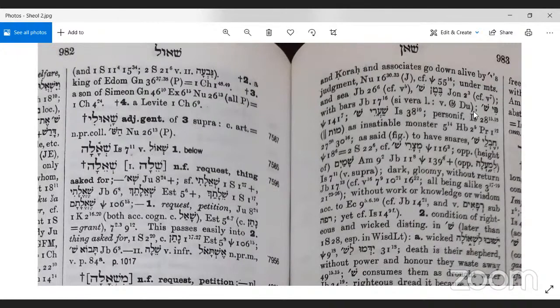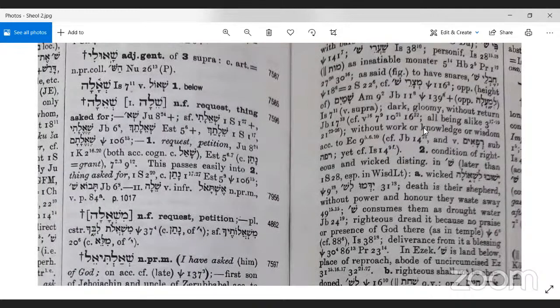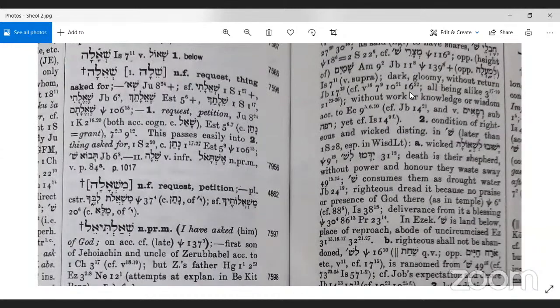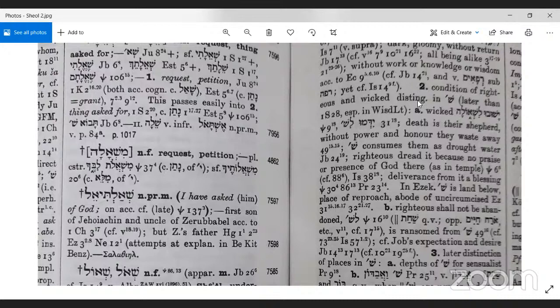Dark, gloomy, without return, without work, knowledge, or wisdom. Okay, 2. Condition of righteous and wicked, distinguished. Okay. So it's the condition of the righteous and the wicked.